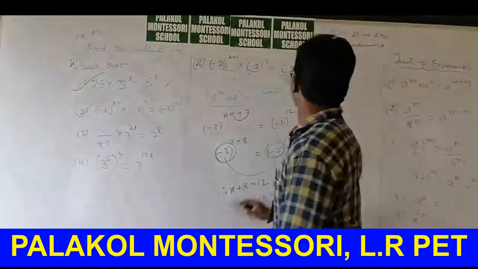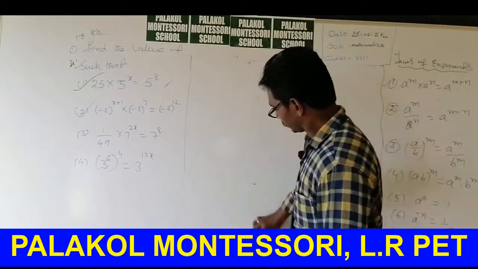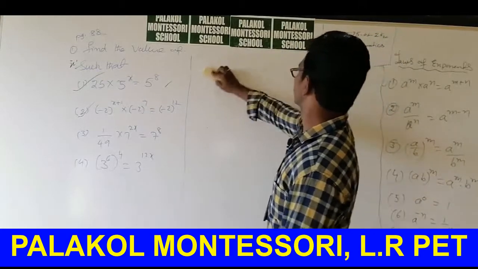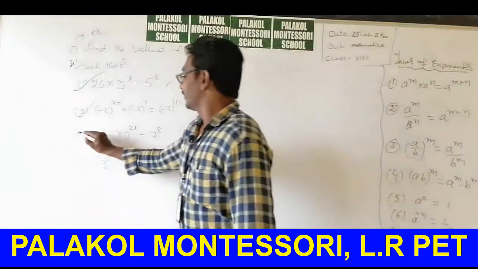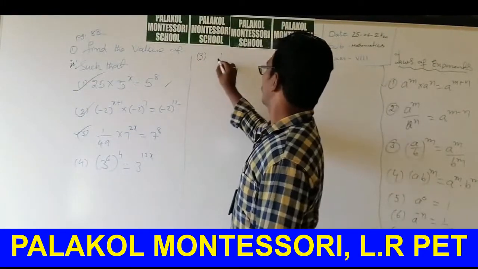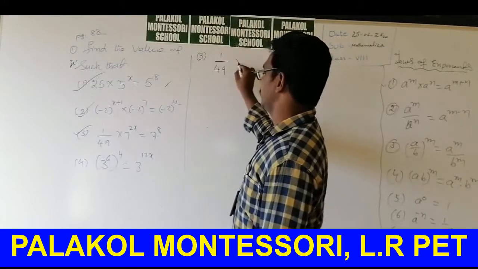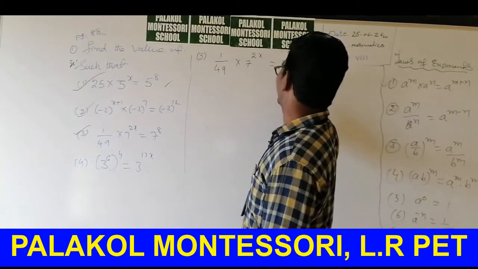Next one. Guys, third question: 1 by 49 into 7 power of 2x is equal to 7 power of 8.